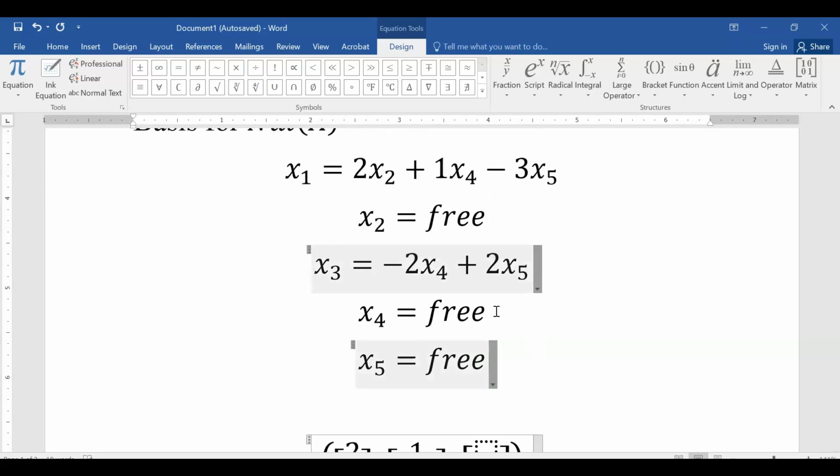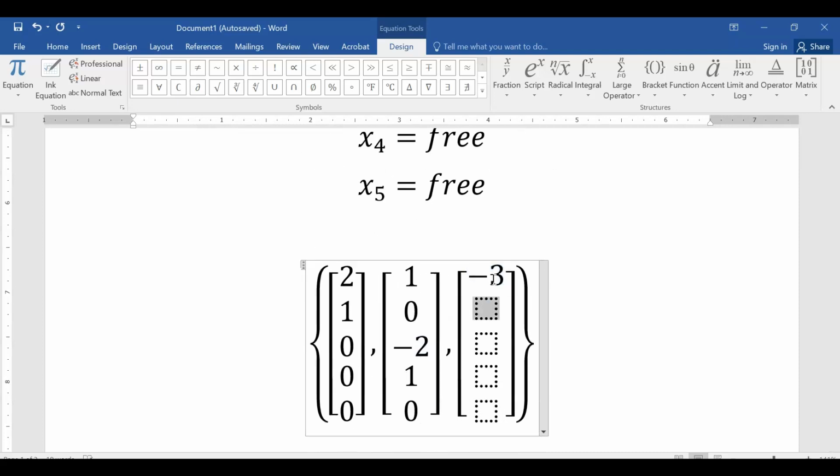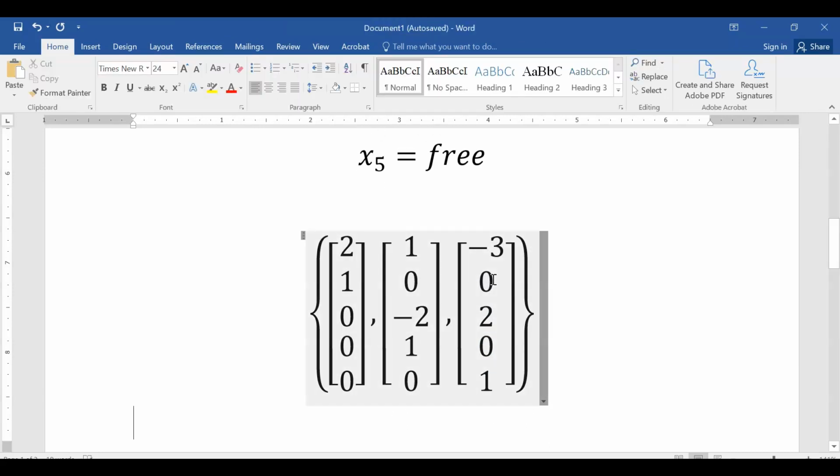Coefficients of the x5, -3, 0, 2, 0, 1. Okay?